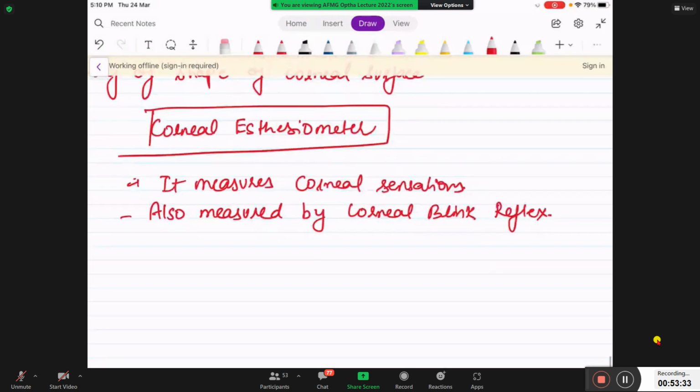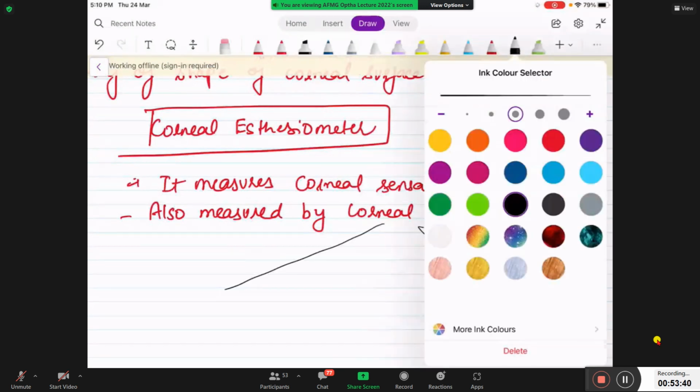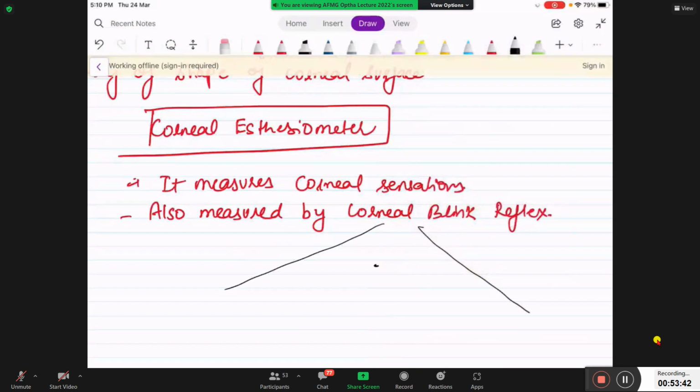Blink reflex. Now this corneal blink reflex has two pathways. Afferent pathway, write down, and your efferent pathway.